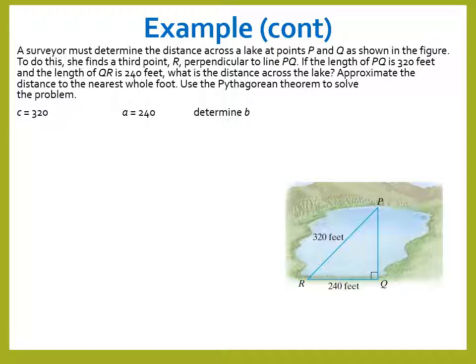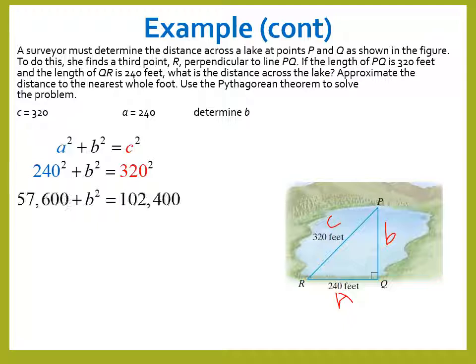We've drawn a picture. We labeled our picture. So let's label what we have. We know that C is our longest side. B and A are my legs. So here's an A. And so this would be my unknown B. I'm going to plug them in. Using my handy dandy calculator, I found squares.